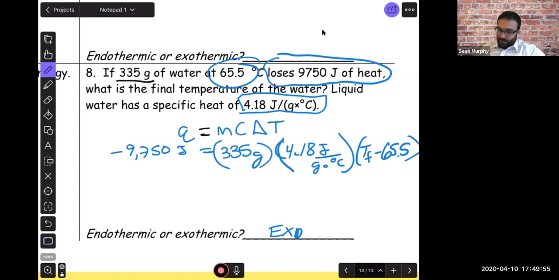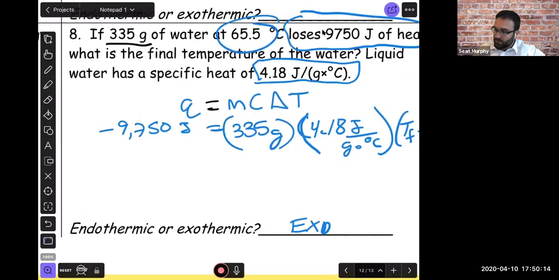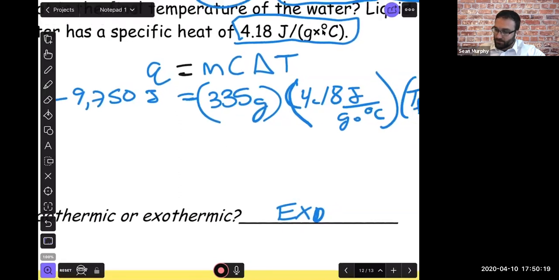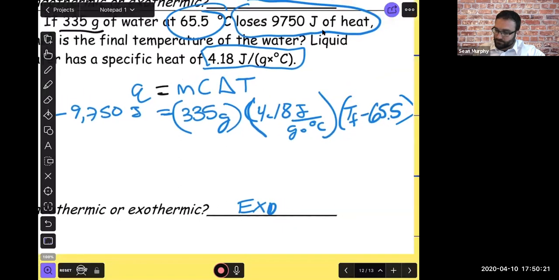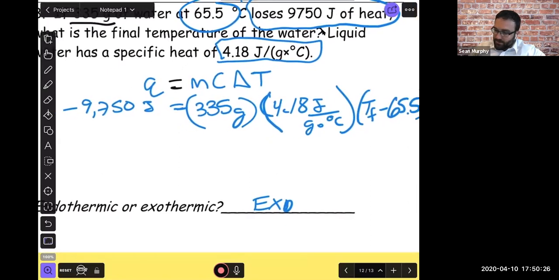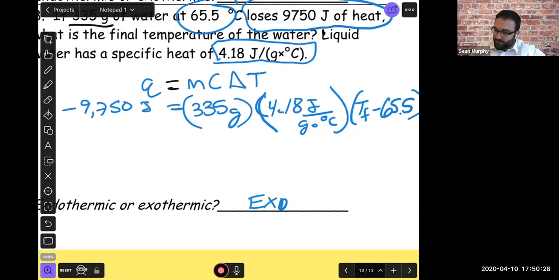So let's consolidate the 335 times 4.18 number. See if I can write small here. So we have negative 9,750 joules.